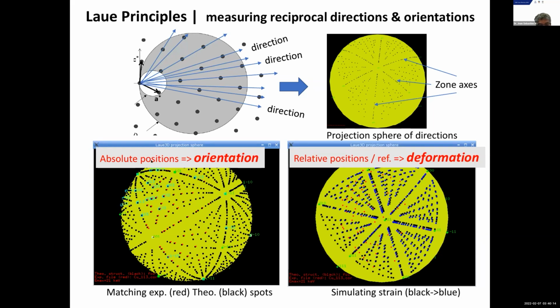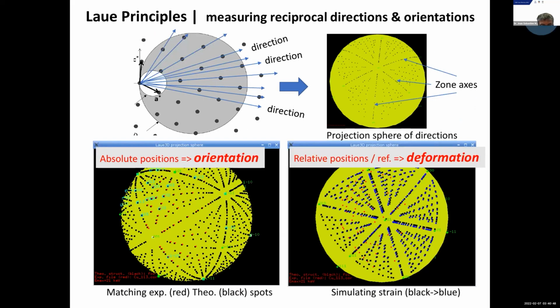So what is important to understand is the absolute positions of the black dots, because the camera will collect, for instance, this part. You have some red spots, which are the experimental red Laue spots. The camera is catching this part of the information, but for sure the X-ray photons will be scattered in all directions, and we are catching only a part of it.